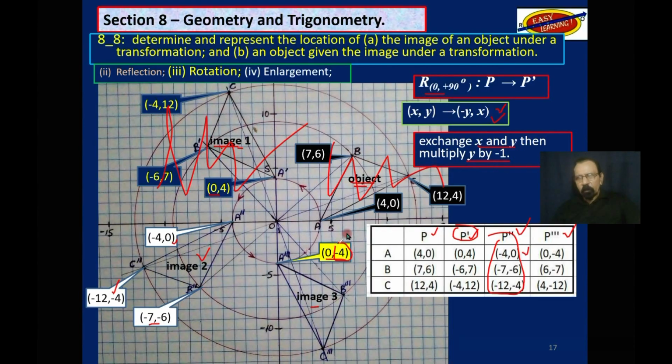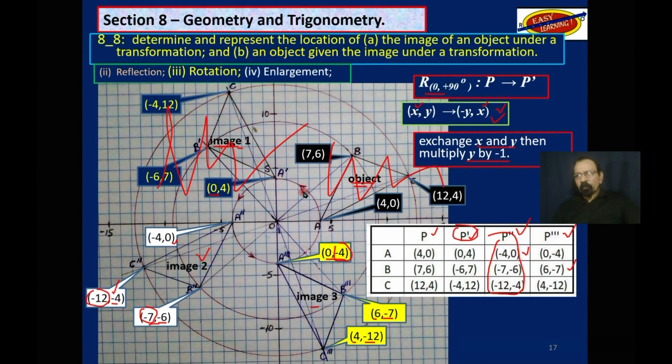The x stays as x, which is y now. The next one is B, negative 7, negative 6. We will keep that as y and we will multiply this by negative 1 to become the new x. So we get 6, negative 7. And then for C, we will keep that negative 12, this negative 4 goes in the x place, and we multiply it by negative 1. So it becomes 4, negative 12.